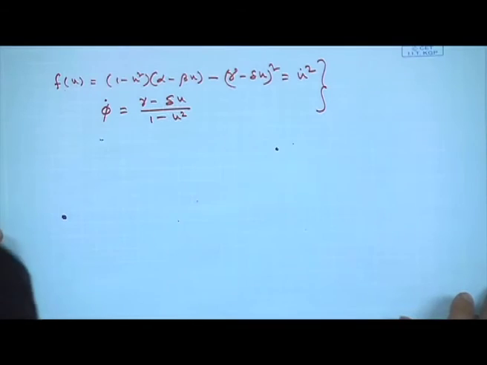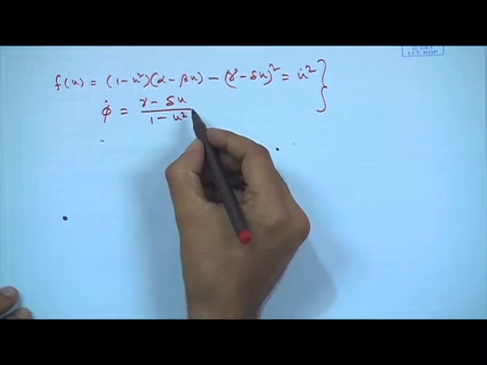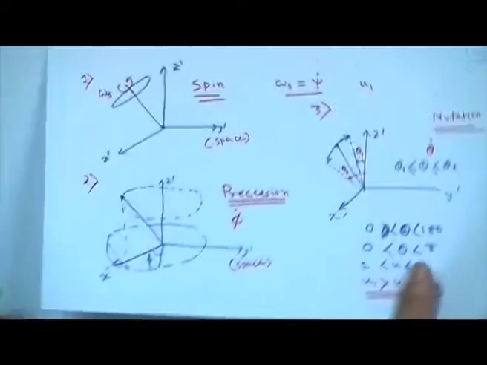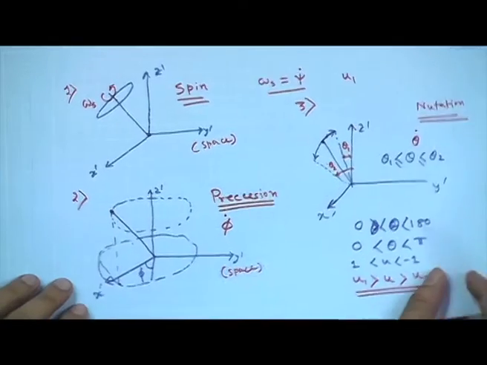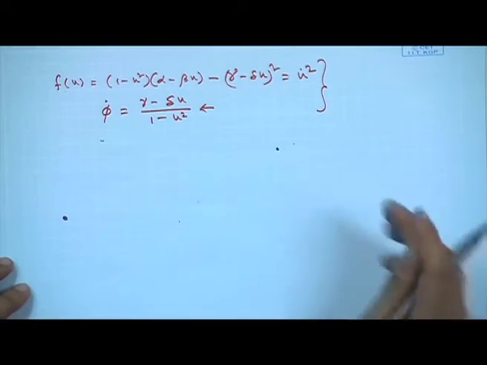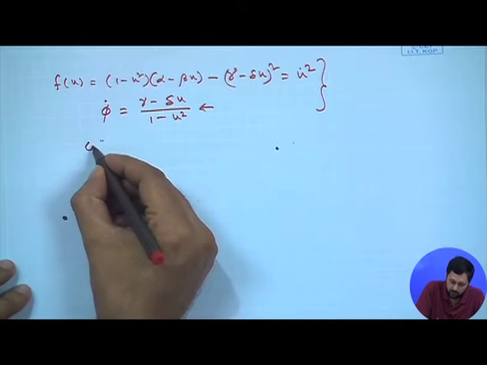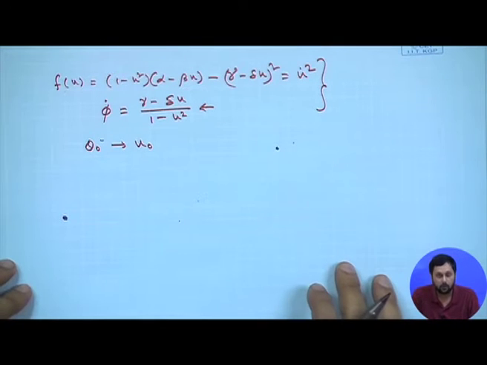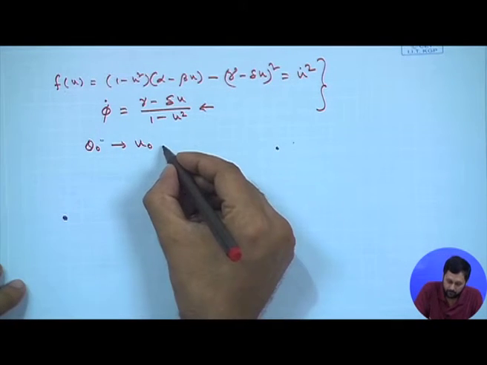Phi is the precession. We have seen that phi is this motion. So, let us assume that initially we are releasing the top from a certain angle theta 0, which corresponds to u equal to u 0, for which we have initial conditions.